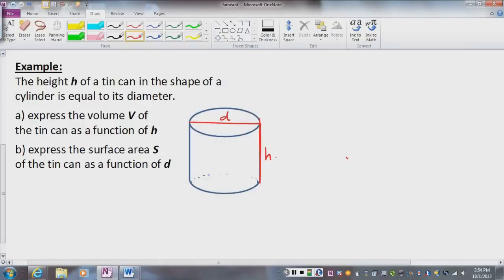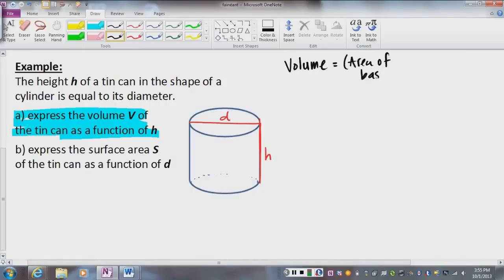So we're going to look at a first. Express the volume of the tin can as a function of h. We're working on this piece. All right. Well, volume of a cylinder is going to be the area of the base times the height.